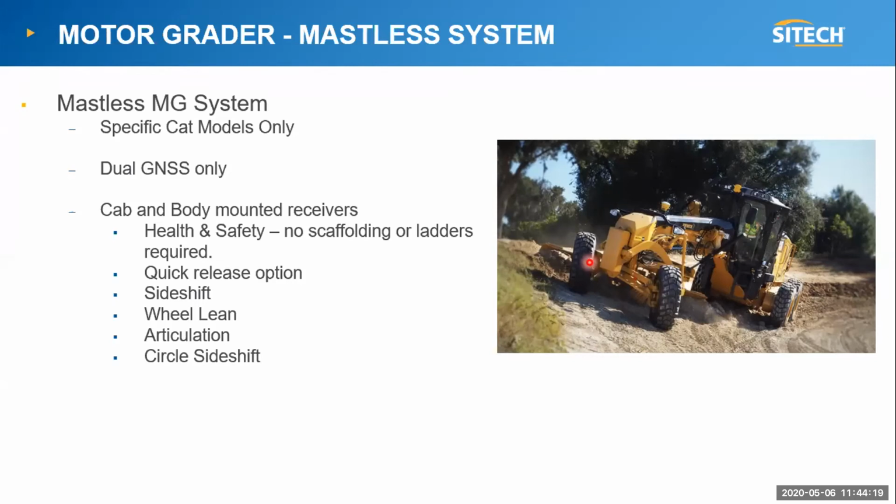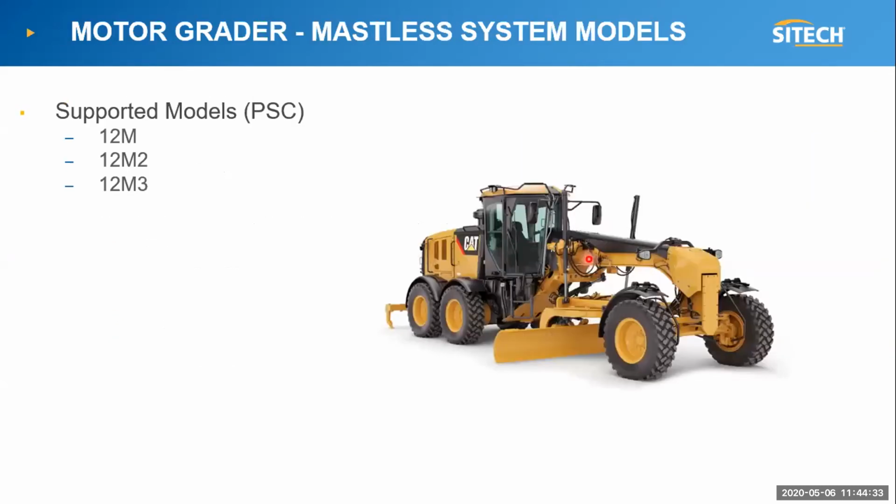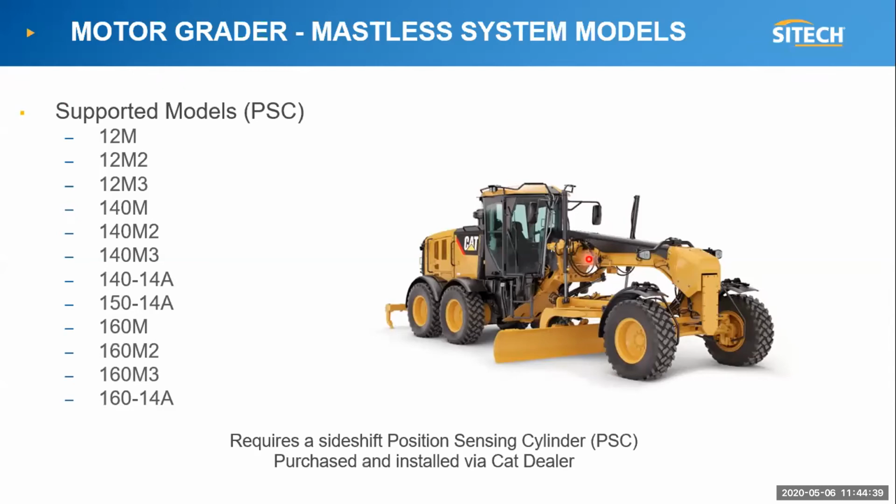If you do want to use UTS or total station functionality on these graders, then yes, you will have to put on a mast on the blade. That is possible. One very important point on the supported models of these machines: you have 12s, 140s, 150, 160s. Very importantly, on the rear of the blade, we require a position sensing cylinder.